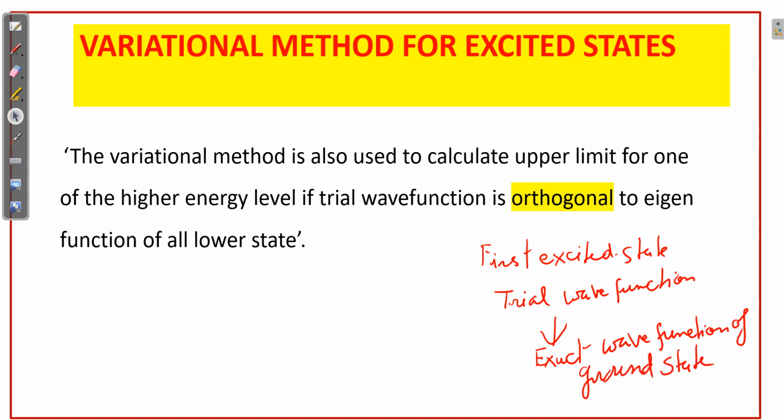If we want to determine the upper limit energy of the second excited state, then the trial wave function is taken which is orthogonal to the exact wave function of the ground state and the first excited state.